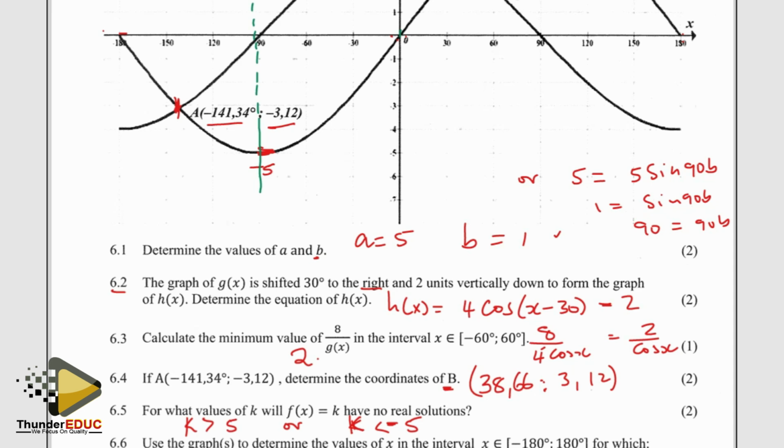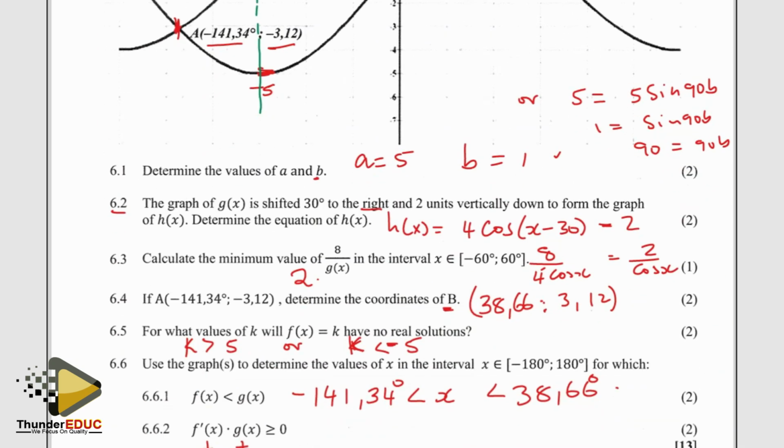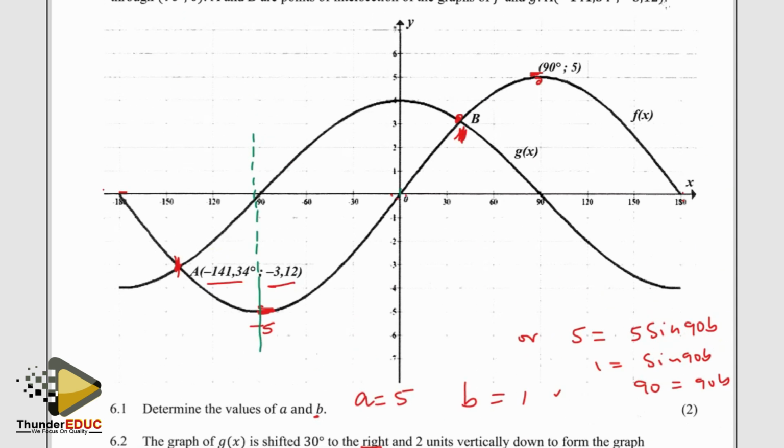Okay, so I don't know which scenario. Oh, we're talking about gradient, by the way. So let me look at the first scenario. Where do we find the gradient to be increasing? Well, this one is above the x-axis. G, where is G above the x-axis? Between this and this. It's okay, I can still use this point as well.